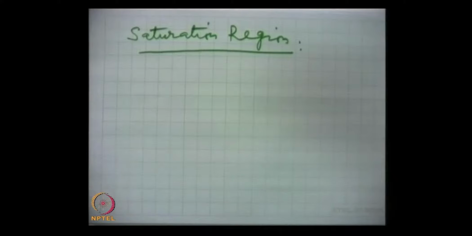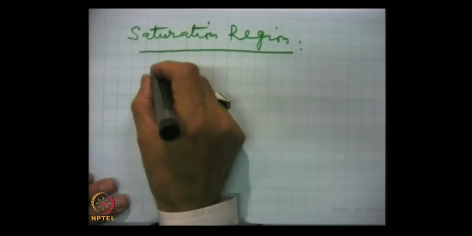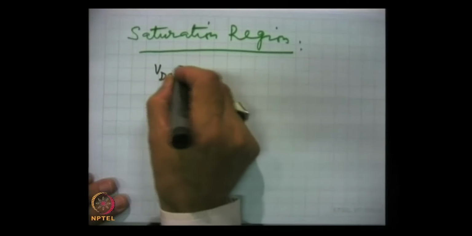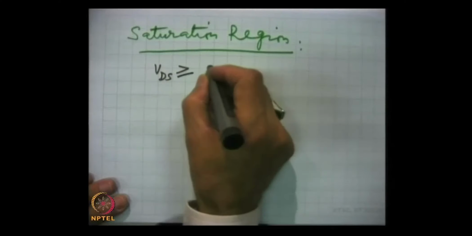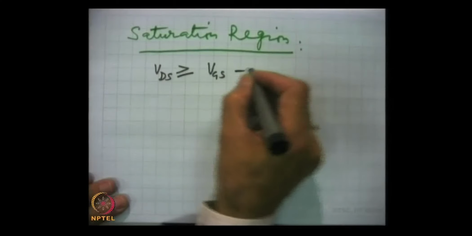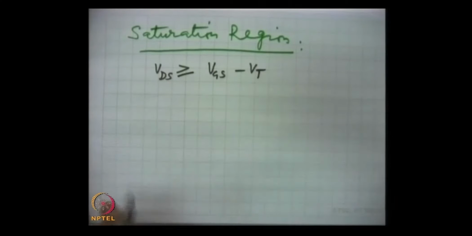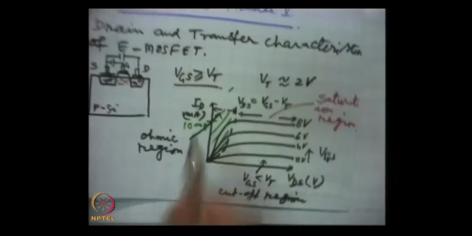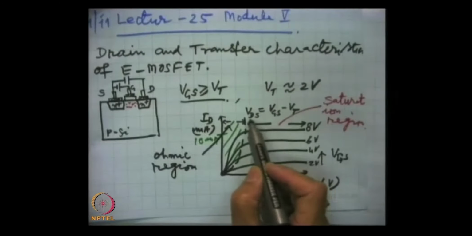Saturation region. In this region, VDS is greater than or equal to VGS minus VT. This is the boundary here, which is defined by this.